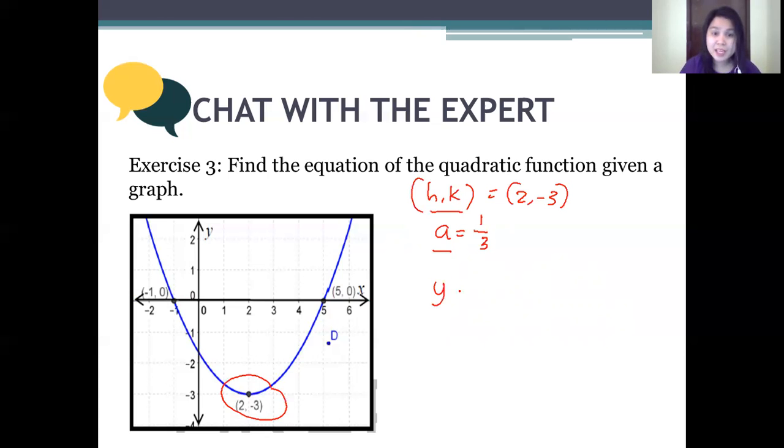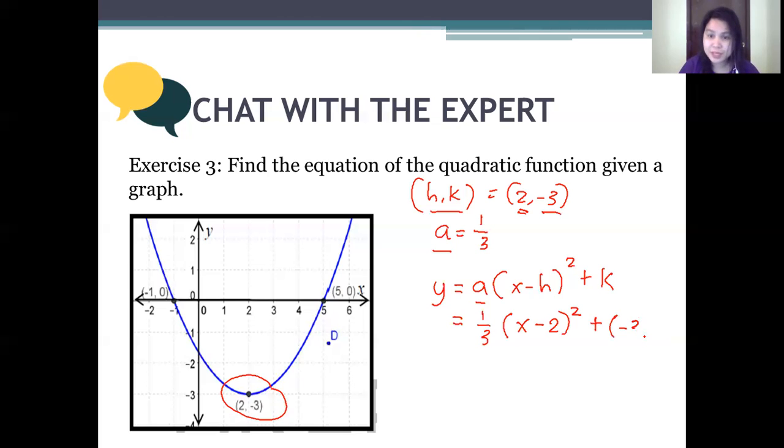That's y equals a quantity x minus h squared plus k. Remember, our a is 1/3 times x minus 2 squared plus -3. Remember, positive times negative is still negative.